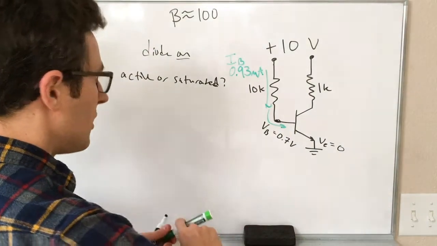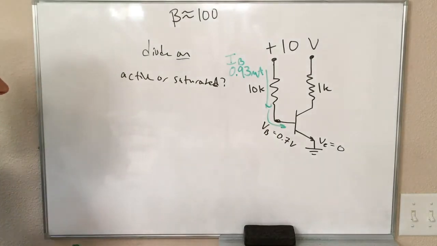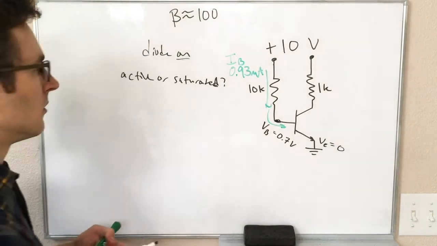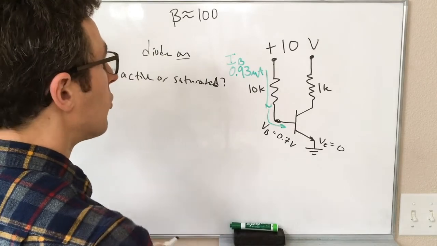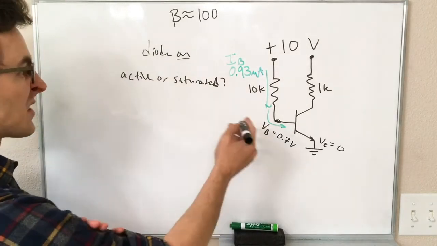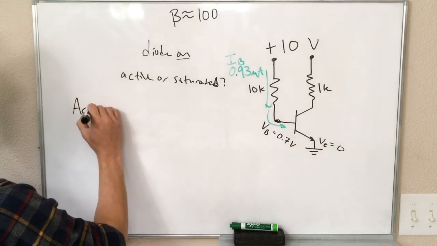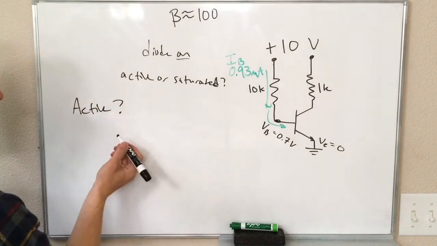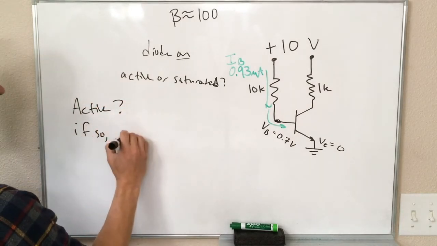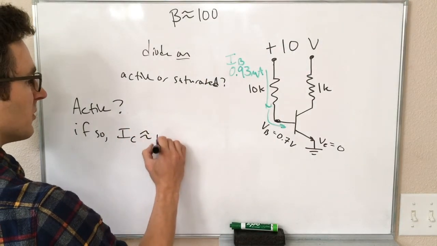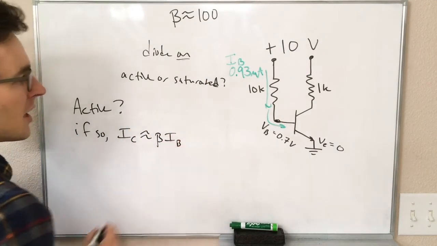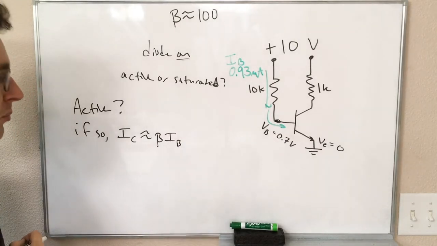If we want to figure out if it's active or saturated, one thing we can look at is what would it take for us to be in active mode. If so, then IC at the collector is approximately equal to beta times the current into the base.